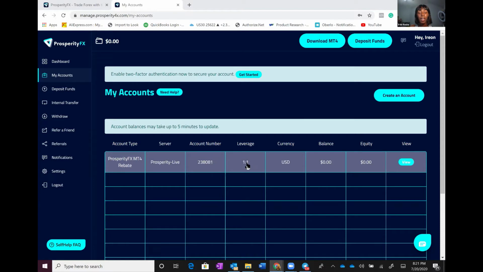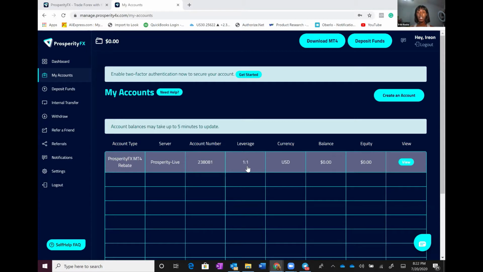The leverage is pretty much how much money you want to leverage. With Forex, basically, you can have a little bit of money and play with the big leagues, like people with a lot of money, because that's how much money they have in the Forex market. For example, on my live account, I have a 1 to 200 leverage, meaning for every $1 I spend, I can leverage $200.